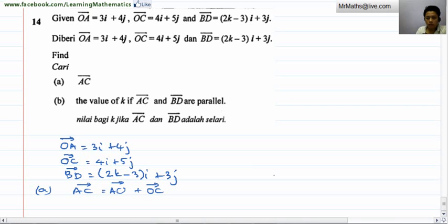Let's take a look at OA. If you have OA, that goes like this. This is O, this is A, OC is 4, 5.